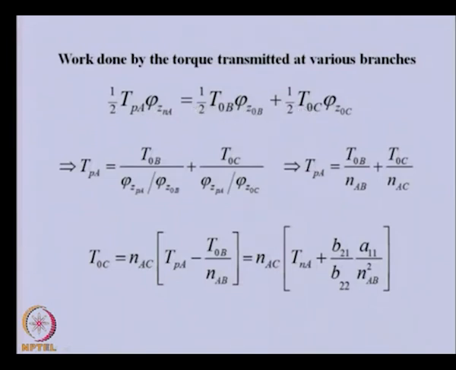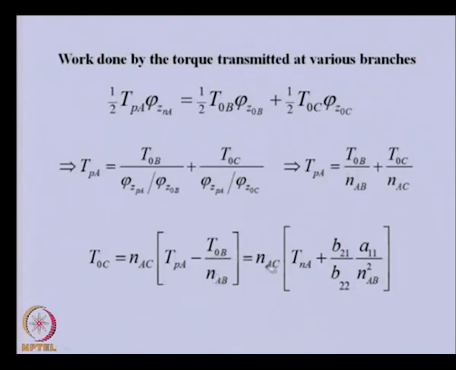for this particular torque. I have divided by the angular displacement of this, and these angular displacement ratios are nothing but the gear ratio. So we can write like this. Now I am solving for T naught C from this expression. T naught C is the multiplication of this quantity, and if we take this to the other side, this quantity will be negative.